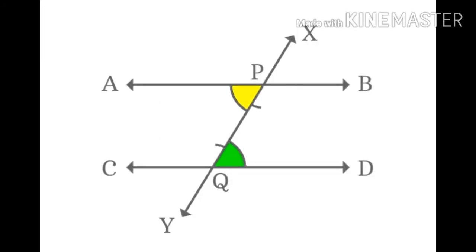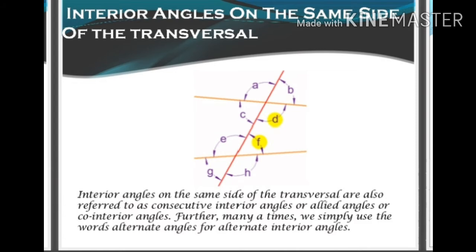Now you can see in this GIF that interior angles are marked yellow and green and blue and pink. Here we are talking about interior angles on the same side of the transversal. In the figure you can observe that two yellow dots are shown with the naming of angles, that is D and F. These are interior angles on the same side of the transversal, children.